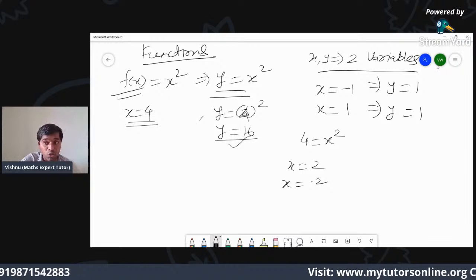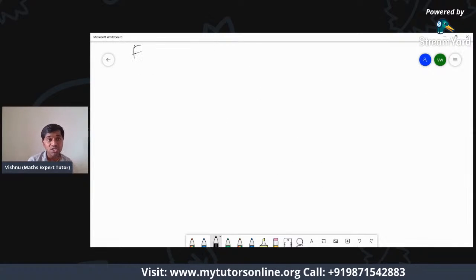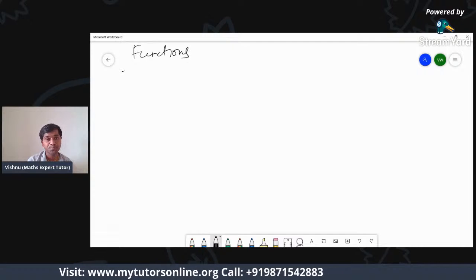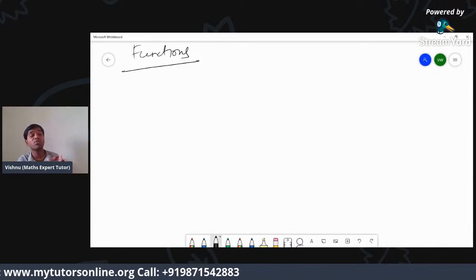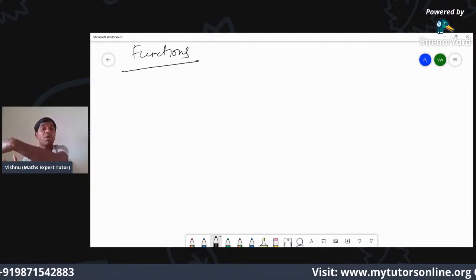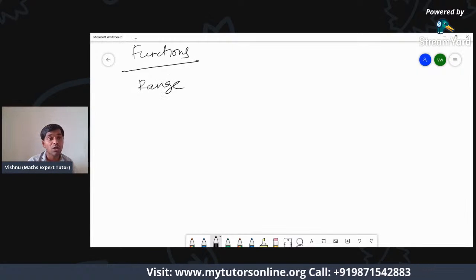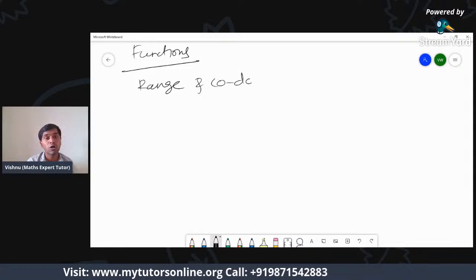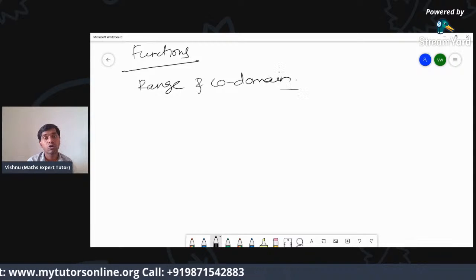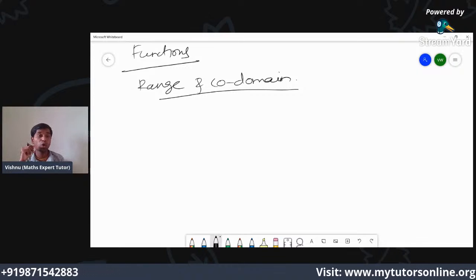So what I'm trying to say here is that in functions, one thing is very clear. If there is a real value for one variable, there also should be another set of real values for another variable. This leads us to two terms, namely range and codomain.